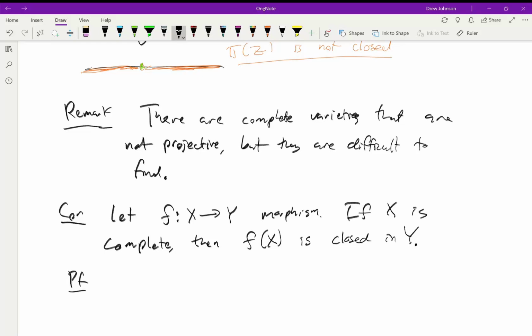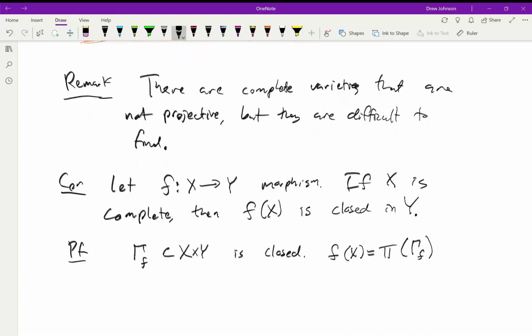It's not too hard given what we have. So we have that the graph of f, contained in X cross Y, is closed. But then f(X), the image of X under f, is just equal to the projection of the graph, right?